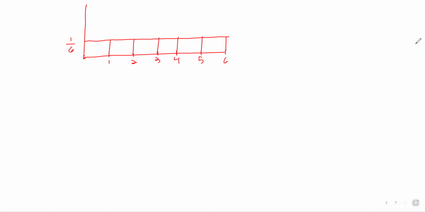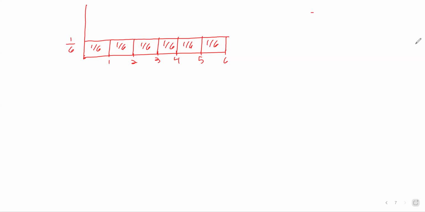And you'd say, well, the probability of getting 1 is 1/6, and the probability of getting 2 is 1/6, and so on. And we observe that these probabilities are the areas of rectangles, because these have widths of 1, the area is just the height. It's 1/6.